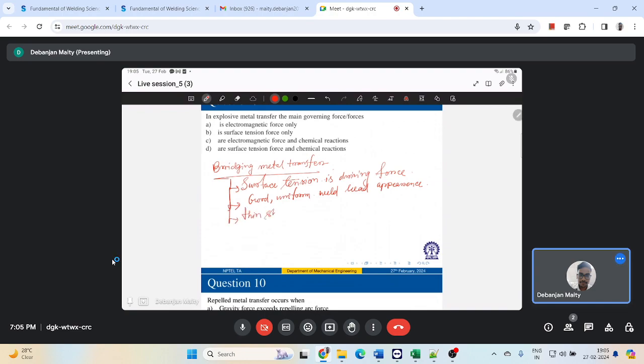So thin sheet metal joining is preferable, right?